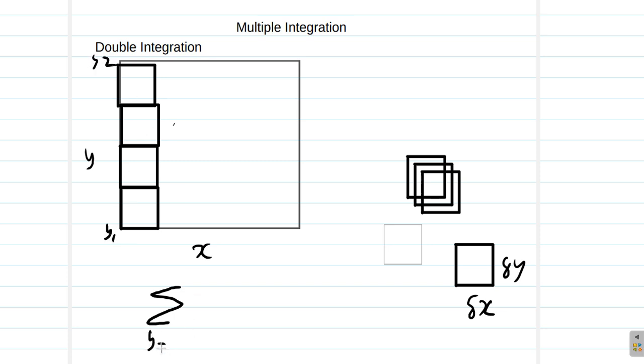We're summing up from y equal to y1 to the top, y equal to y2, whatever that is. Now, we are adding the delta y's as we stack them up. We're adding this delta y plus this delta y plus this delta y plus this delta y. You see that? The height of each square.